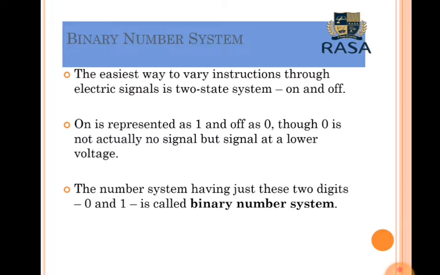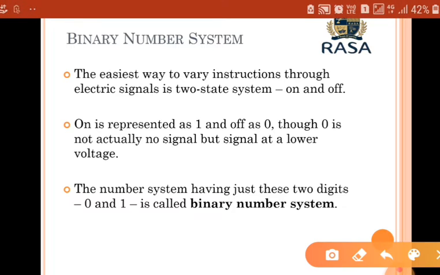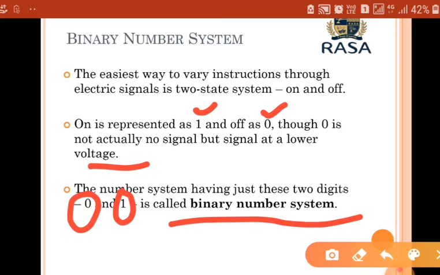Though 0 is not actually no signal but signal at a lower voltage. So 1 represents on and 0 represents off. The number system having just these two digits 0 and 1 is called binary number system.